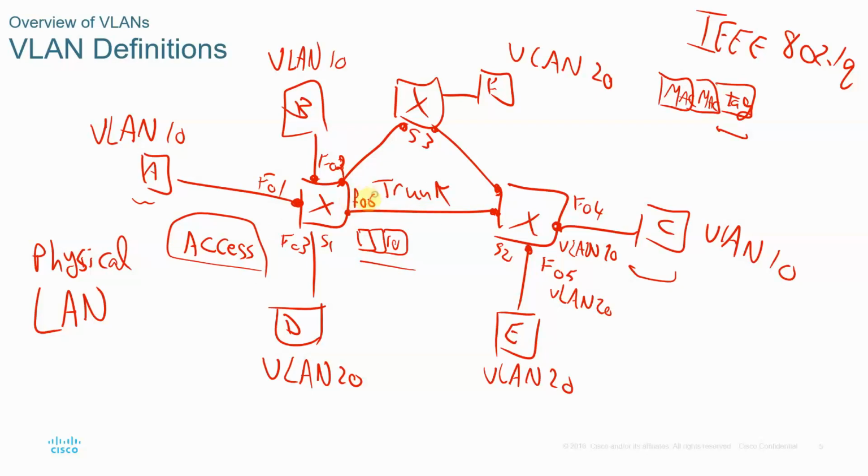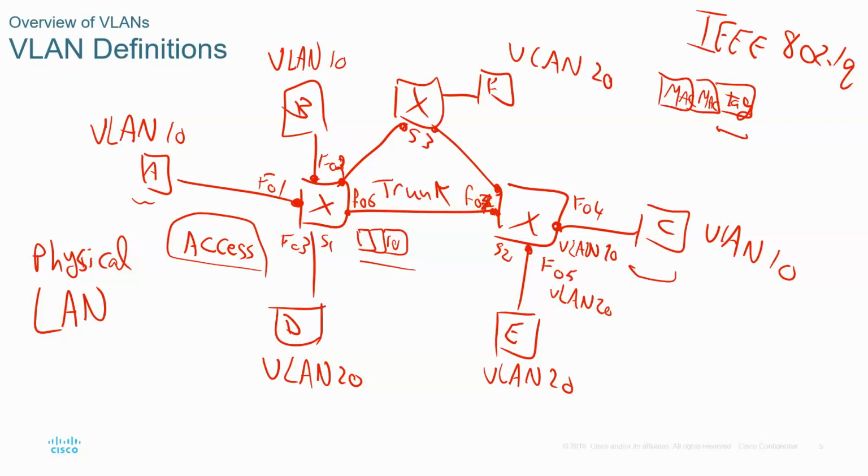So if this is interface F06 and this is interface F07, okay, you have to go to switch S1 and configure F06 to be in trunk mode, and you have to go to switch S2 and configure F07 to be also in trunk mode. Once you configure a port to be in trunk mode, then you can allow more than one VLAN to travel over this port, and these packets will be tagged with the ID of the VLAN that the packet belongs to.